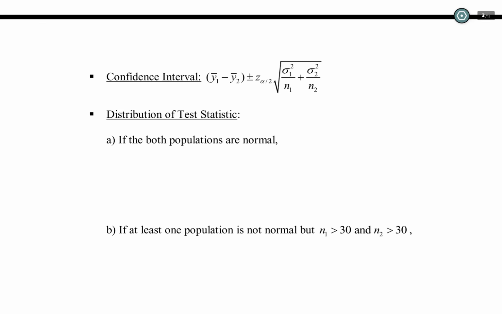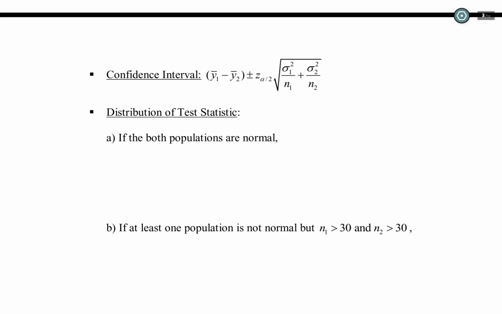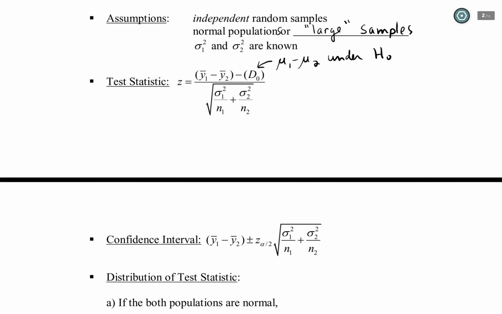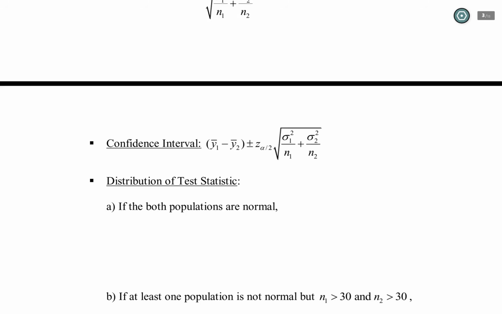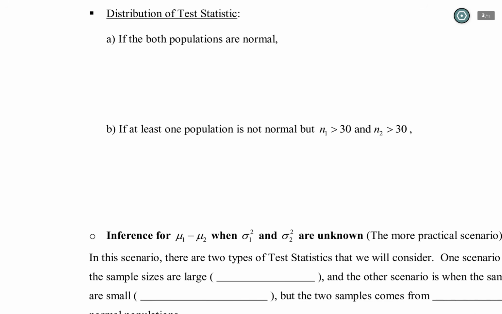Moving along, the confidence interval seems quite intuitive. It's the point estimator plus or minus a z percentile times the standard deviation of my point estimator. We've had this sort of thing in a prior module. The distribution of my test statistic is as follows.